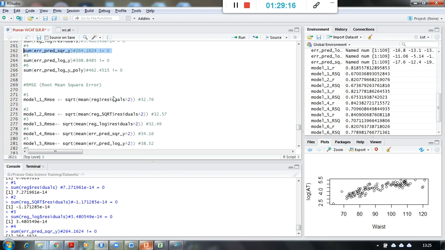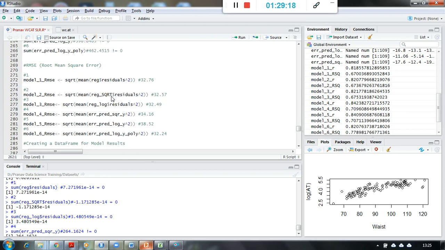And because of that I need to have some common measure to evaluate between the models. We have come up with something called RMSE, root mean square error, wherein what we are doing over here is taking the residuals of every model and then squaring them, all the models. If you see, I am squaring them, the error squares.